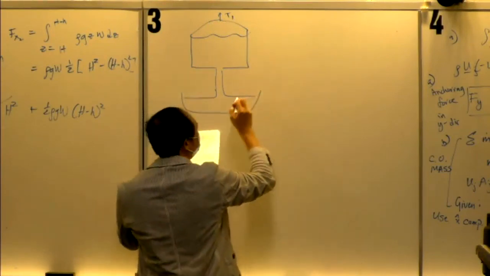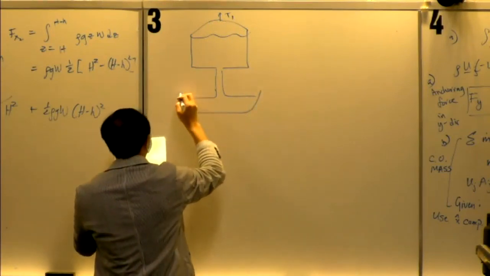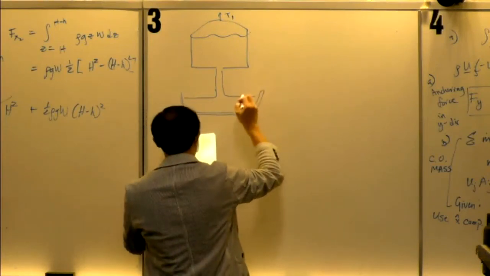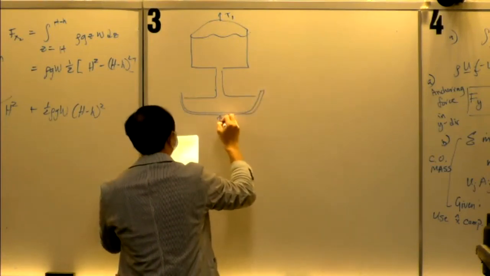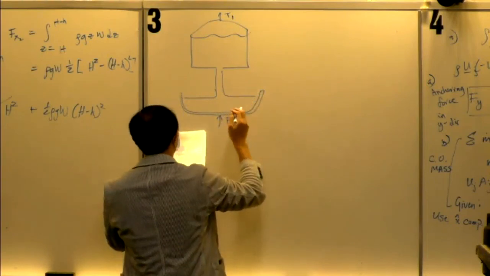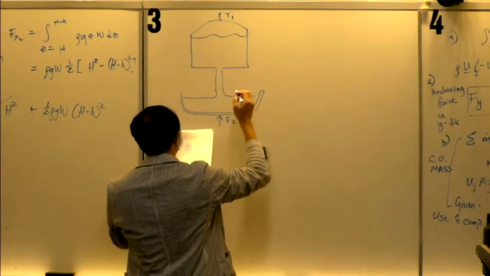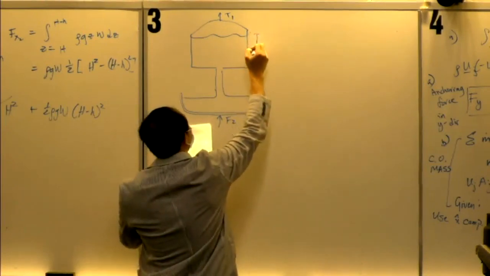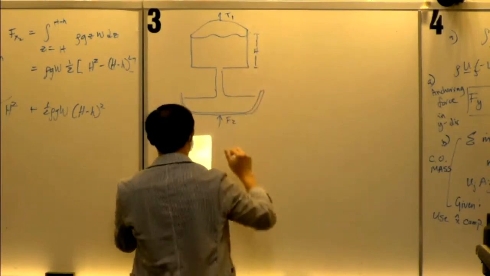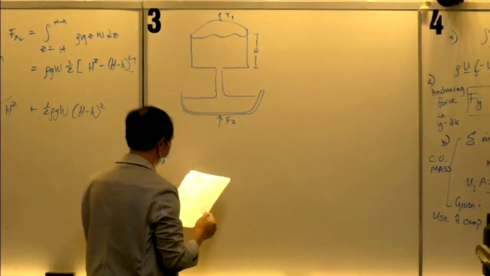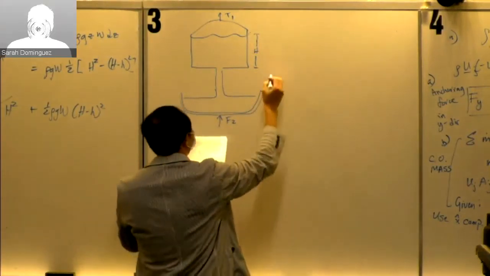Is anyone else on Blue Jeans except for Vishwa? There's one more person. Okay. Who's that? Sarah. Sarah what? Dominguez. Oh, Dominguez, okay.